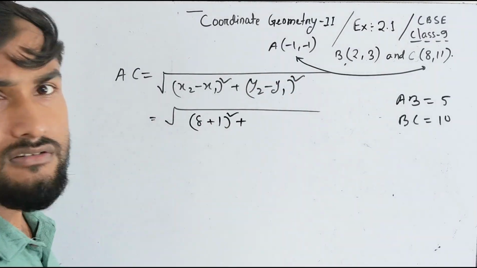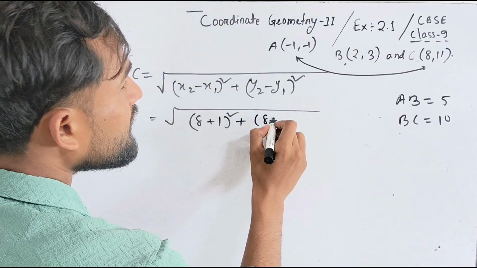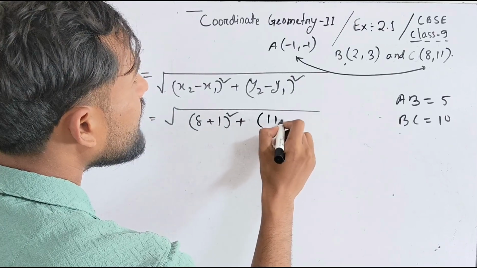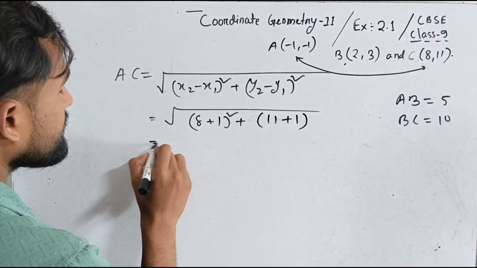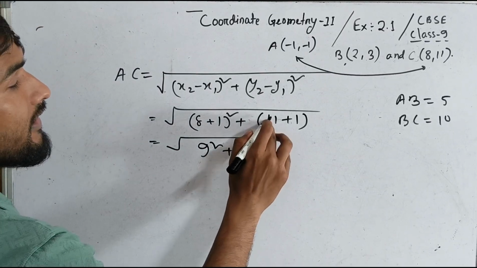You can write direct also. 11 minus minus 1 will be 11 plus 1. 8 plus 1 will be 9 square.